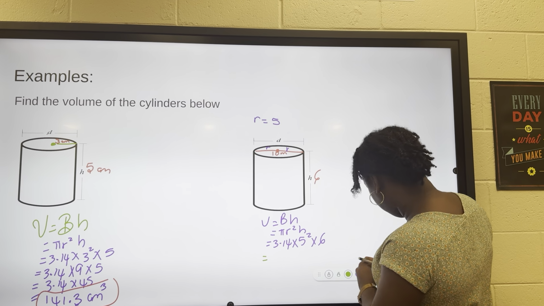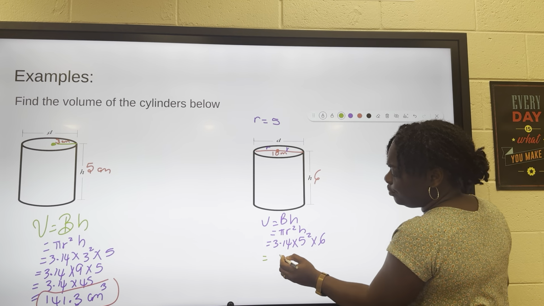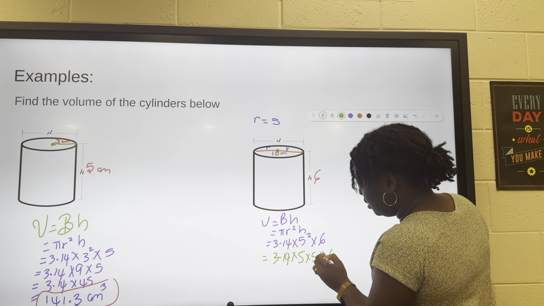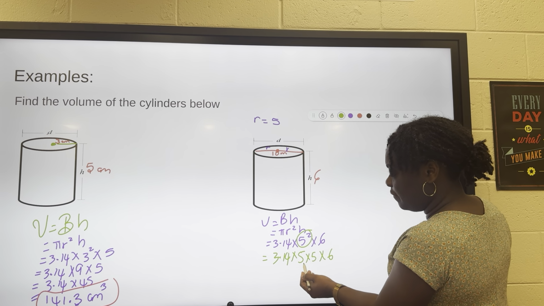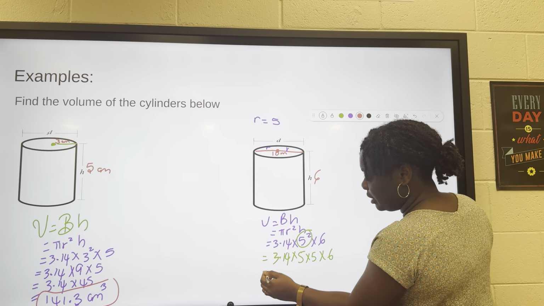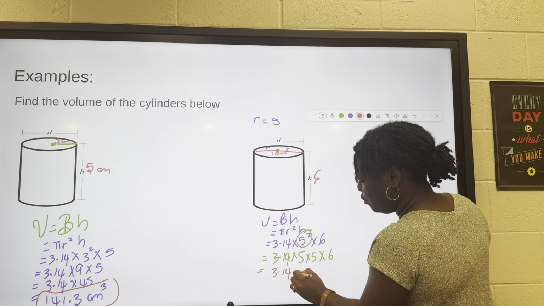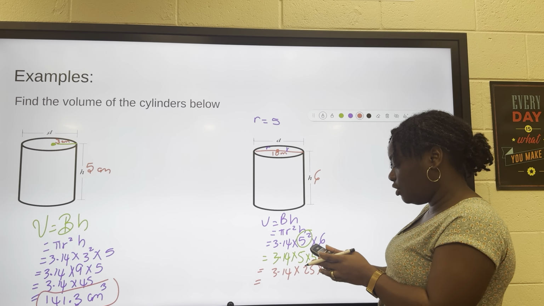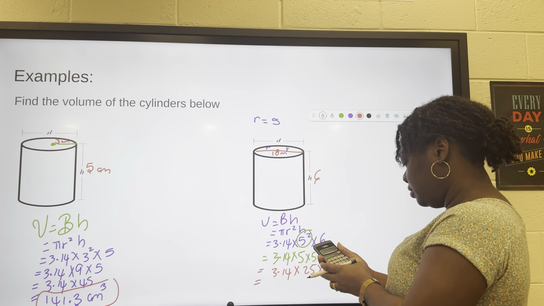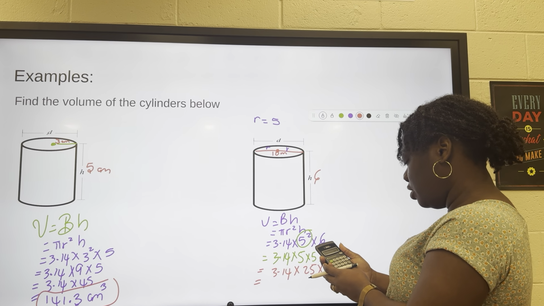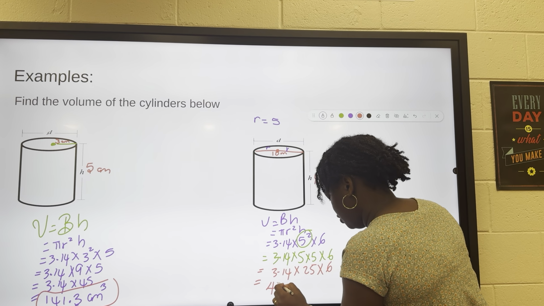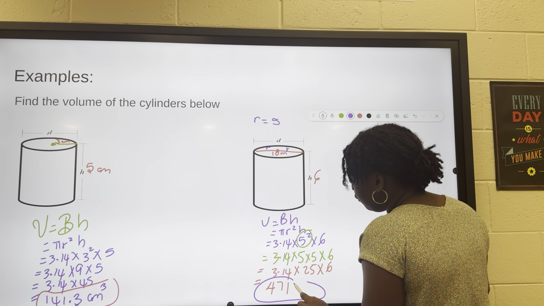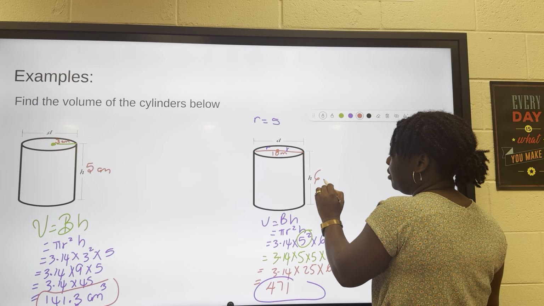Let me expand this for those of us who don't know how: 3.14 times 5 times 5. So that's my square, 5 times 5. Let's plug that in: 3.14 times 25 times 6. That's going to give me 25 times 6 times 3.14, which is equal to 471. And again, remember to put your units on.